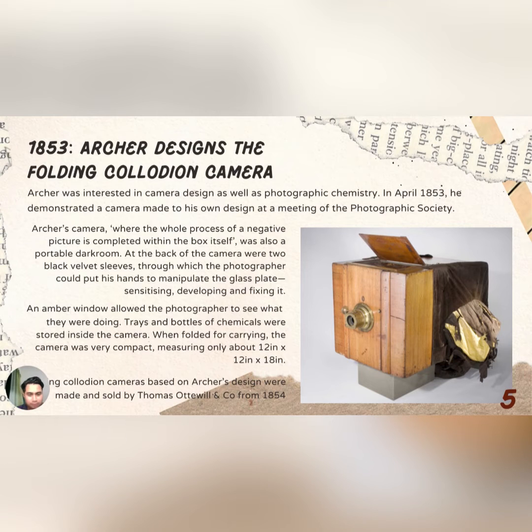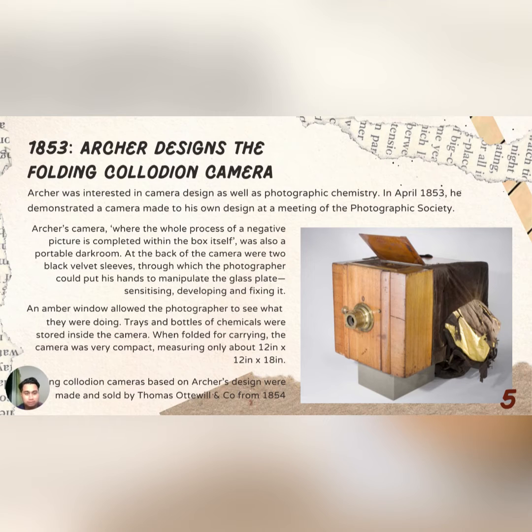At the back of the camera were two black velvet sleeves through which the photographer could put his hands to manipulate the glass plate, sensitizing, developing and fixing it. An amber window allowed the photographer to see what they were doing.